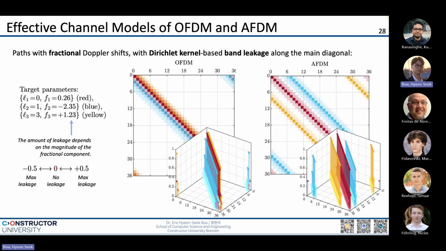Of course, there's no leakage when it's 0, and this is clearly because this plus and minus 0.5 is lying exactly between the two integer taps, such that they will have maximum leakage or interference between the two taps. So this is the structure of the effective channel when we have fractional Doppler shifts and integer delay.